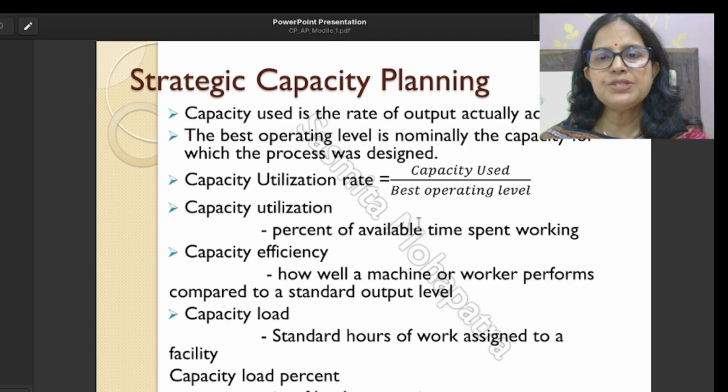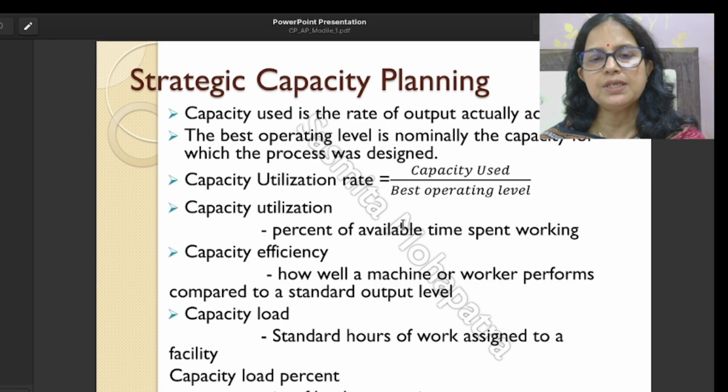Capacity utilization, percent of available time spent working. Capacity efficiency, how well a machine or worker performs its job. What is the efficiency of the machines? How well a machine or a worker performs compared to a standard operating level or standard output. We always have a standard, and we compare with it.